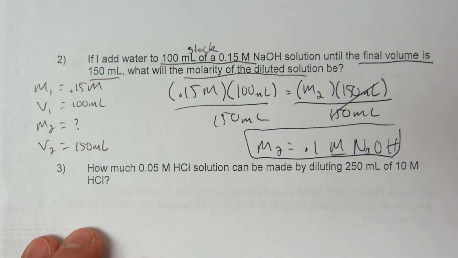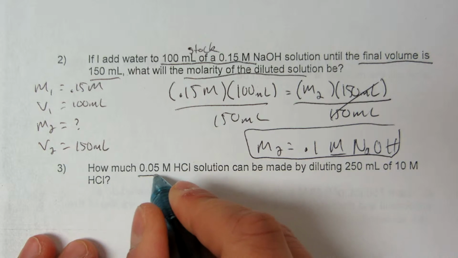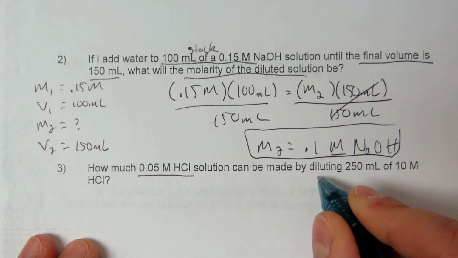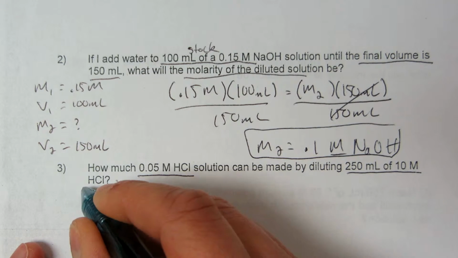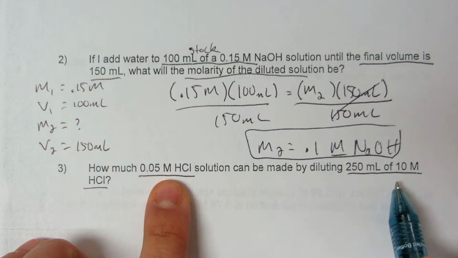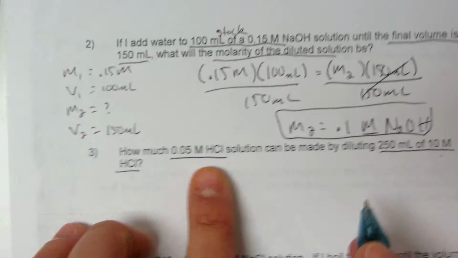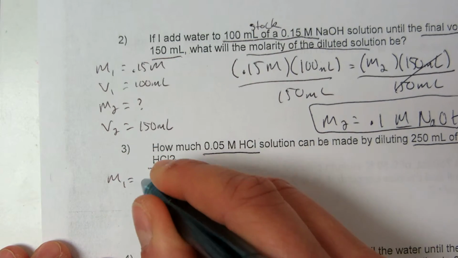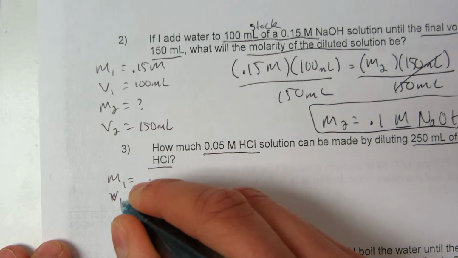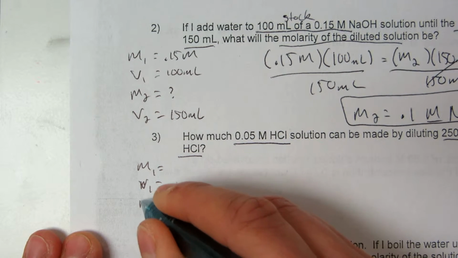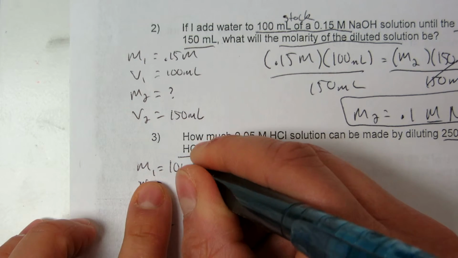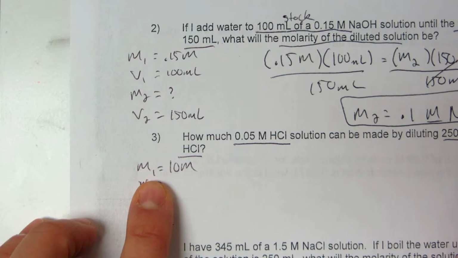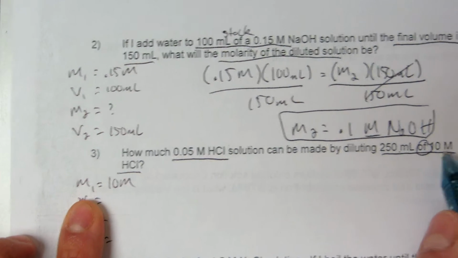All right, next one. How much 0.05 molar hydrochloric acid solution can be made by diluting a 250 milliliter 10 molar solution? So between 10 and 0.05, 10's bigger, so that's your M1. Your M1 is always going to be bigger than your M2. So my M1 is 10 molar. The word of is tying this volume and that molarity together.